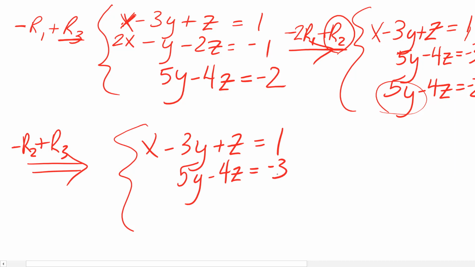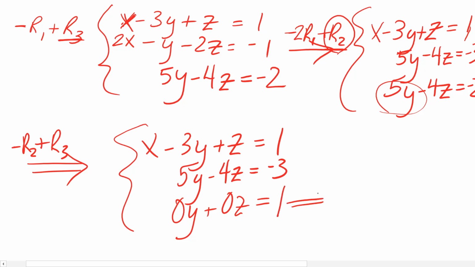And then the third equation: negative 5y plus 5y gives me 0y. Positive 4 plus negative 4 gives me 0z. And then negative 3 becomes positive 3, minus 2 becomes 1.